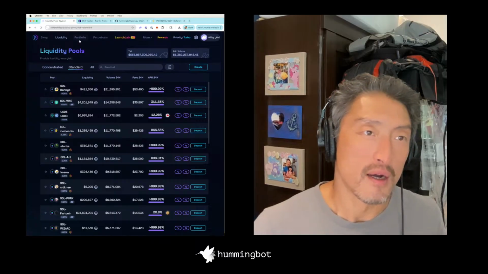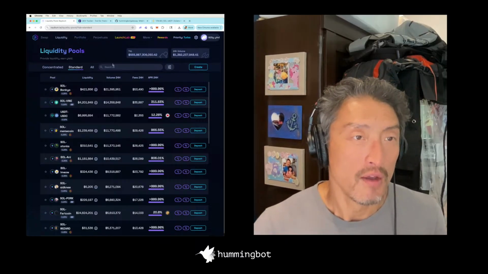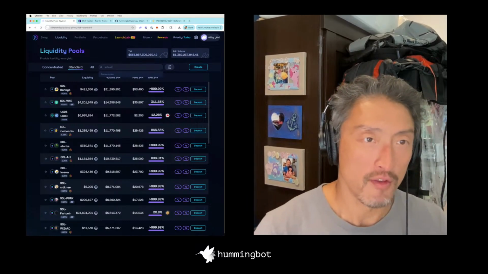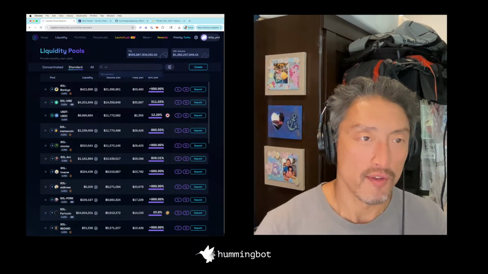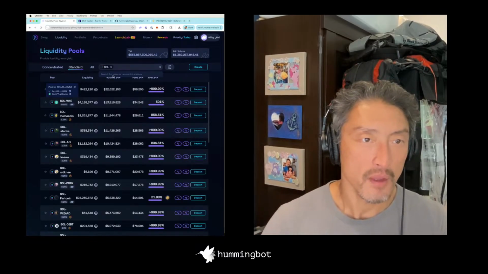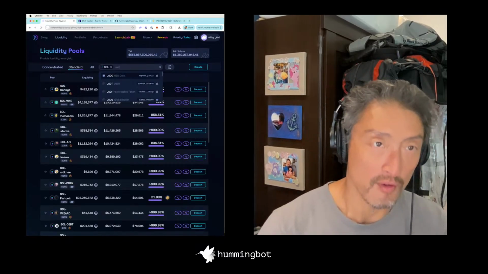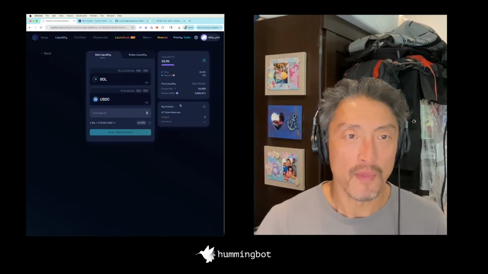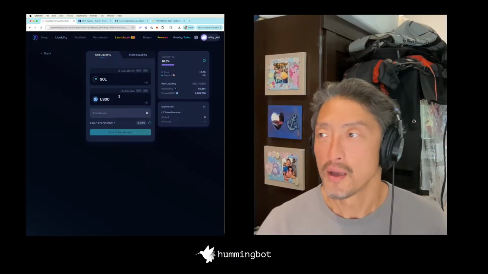These are called AMMs. So for example, if I look at the state of this trading pair on Solana, as you see, this is not an order book. This is an AMM.